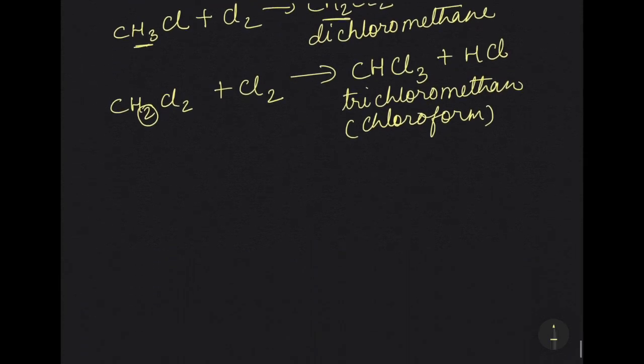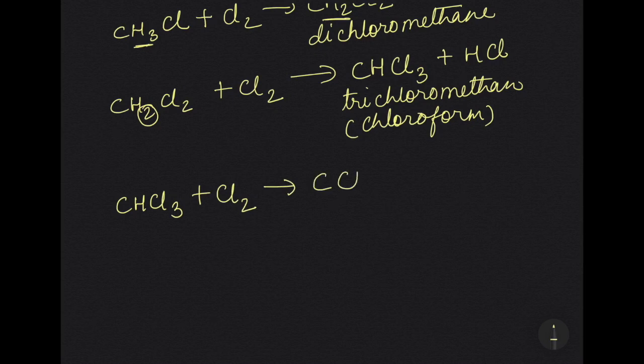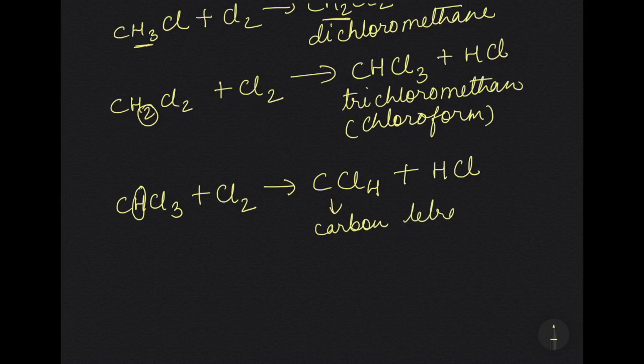Now the chloroform or trichloromethane will again further react with chlorine to give CCl4. So this one hydrogen is totally substituted to form tetrachloromethane, or you know it as carbon tetrachloride.